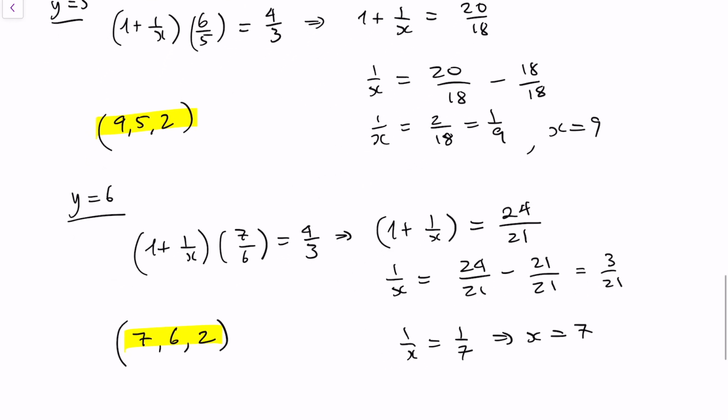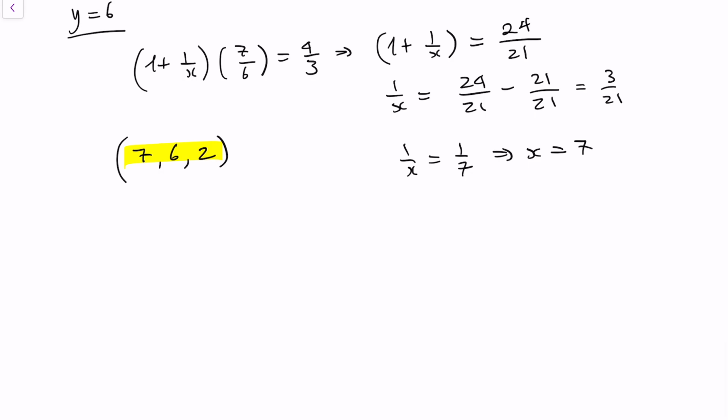Similarly, if you use the same method to work out the last value, if z is equal to 3, and you employ the same method, I'm going to leave this to you to prove. If you cannot prove it, please write it in the comments and I'll write the proof explicitly.